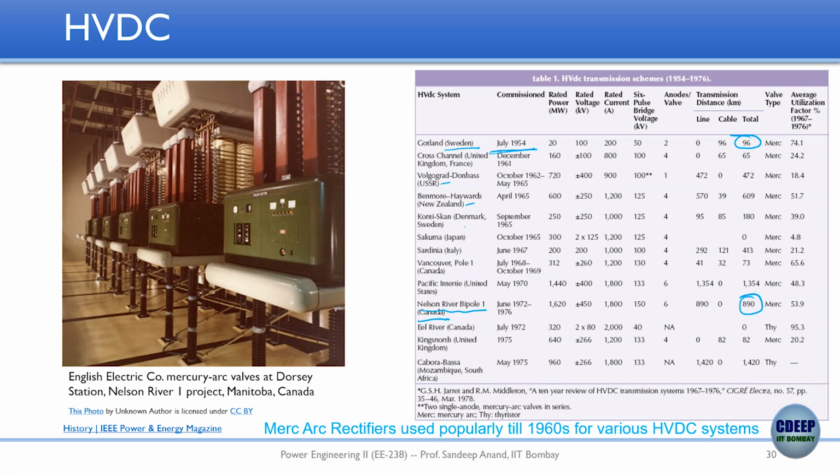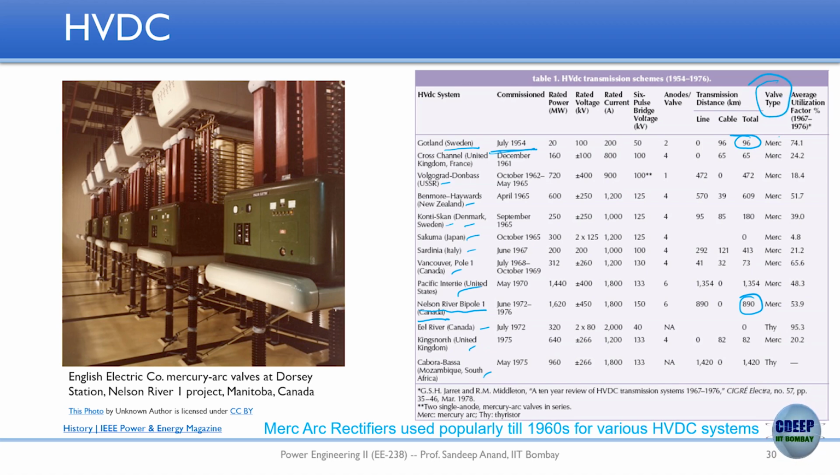And you can see there were many more, right? There's one in USSR, New Zealand, Denmark, to Sweden, Japan, Italy, Canada, US and so on. South Africa, UK, Canada. So you can see right from 1954 to 1975 there were at least 10 of them and they continued to build. The only thing to notice is the valve type, right?